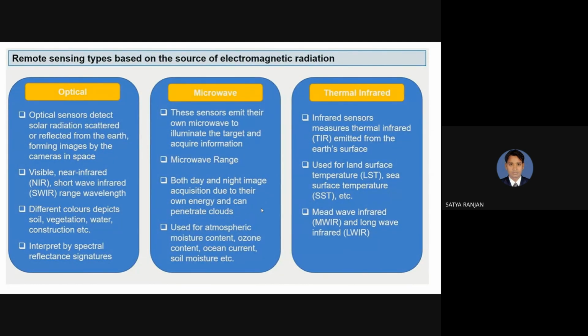So basically in remote sensing applications, these three types of satellite sensors are very useful for different applications based on their different spectral ranges and their different spatial and radiometric resolutions.